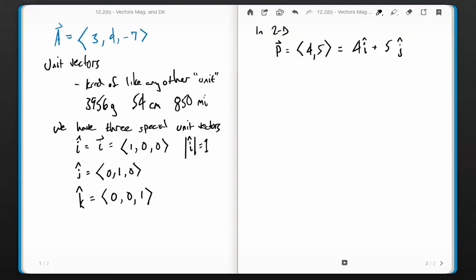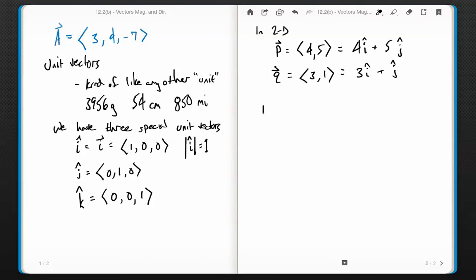We could do another one. Q is the same as 3, 1, and that equals 3i plus just plain old j, right? Pointing in the up direction.